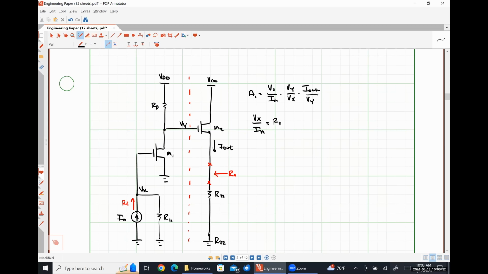So all that resistance R11 is doing is converting that input current into a voltage. If this were a BJT, it would be a little bit more difficult, because we would, well, not that much more difficult. It would just be R11 in parallel with R pi, right? But nothing too particularly wild or crazy there.